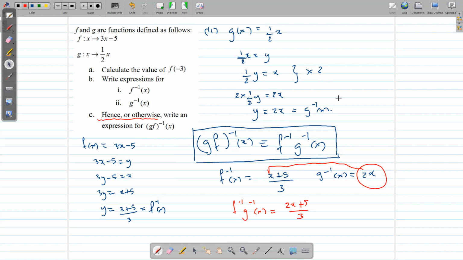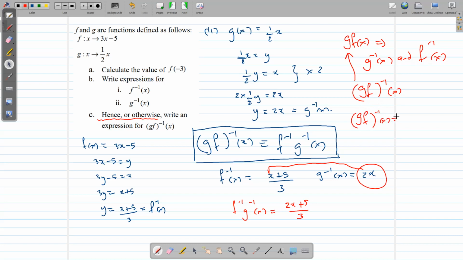So remember that if you have a composite function g of f of x, and you found individually g inverse x and f inverse x, and now you're being asked to find the inverse of this, then since you have these two, what you can do is just reverse the order of the letters and say (gf) inverse of x is the same thing as f inverse of g inverse x, dropping your g inverse x into your f inverse x.